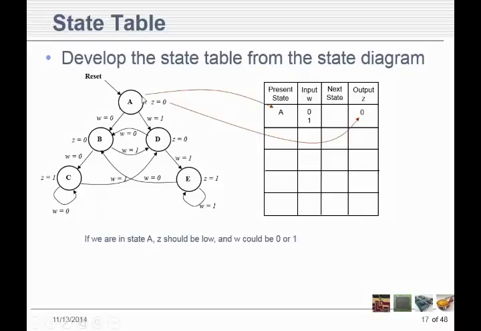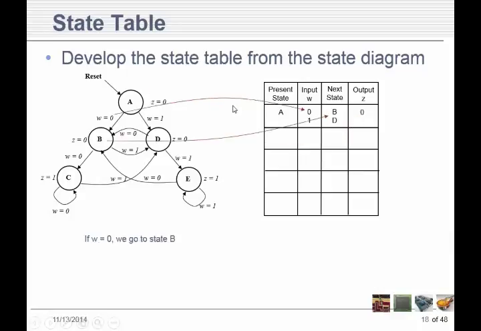So here I'm trying to show how to design the state table based on this state diagram. So here we are, state A. That's my present state. The output is associated with the present state. Possible inputs are 0 and 1 for W. If the input was 0, then I would go to state B, right?